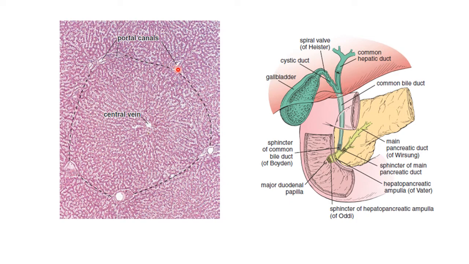While the duct in the portal area is lined with cuboidal to low columnar cholangiocytes, the right and left hepatic ducts, cystic duct, common hepatic duct, and the common bile duct are lined with a mucous membrane having simple columnar epithelium formed of cholangiocytes, with thin lamina propria and thin submucosa.